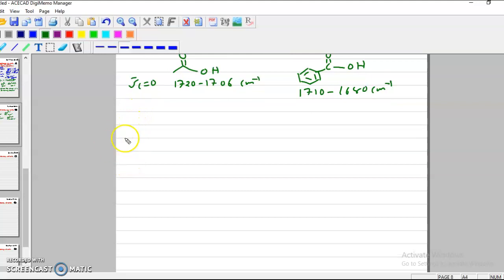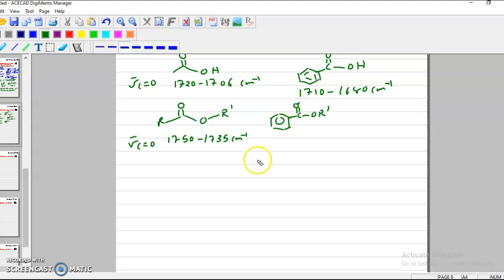If we take an ester, then C=O will be at 1750 to 1735 cm⁻¹, while in case of an aromatic ester, which will be like this, the band is at 1730 to 1715 cm⁻¹. Here we also have another kind of aromatic ester, which is like this.